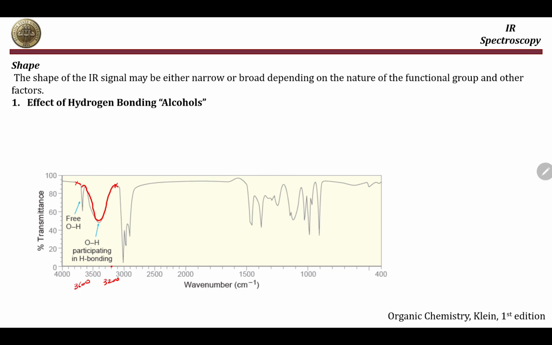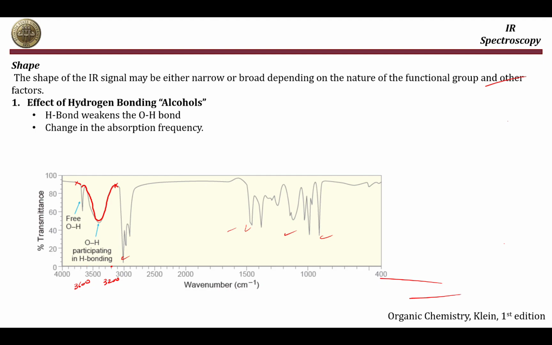But why is the peak of an OH group a broad peak and not a sharp peak like all the other ones which are here? Usually in alcohols we have hydrogen bonding. Hydrogen bonding weakens the oxygen-hydrogen bond, and this causes a change in the absorption frequency.